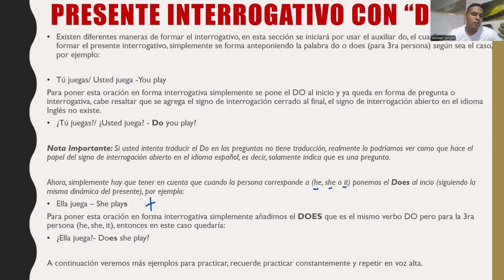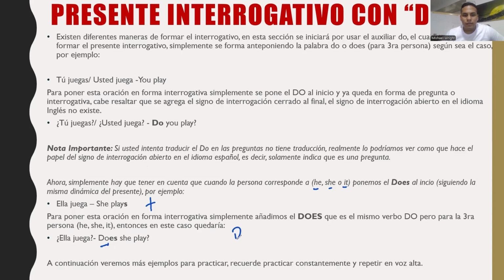Okay, I'm sorry for being so redundant in some cases. But if I want to convert this into a question, what I would say is, "Does she play?" So it means that I'm asking the question.